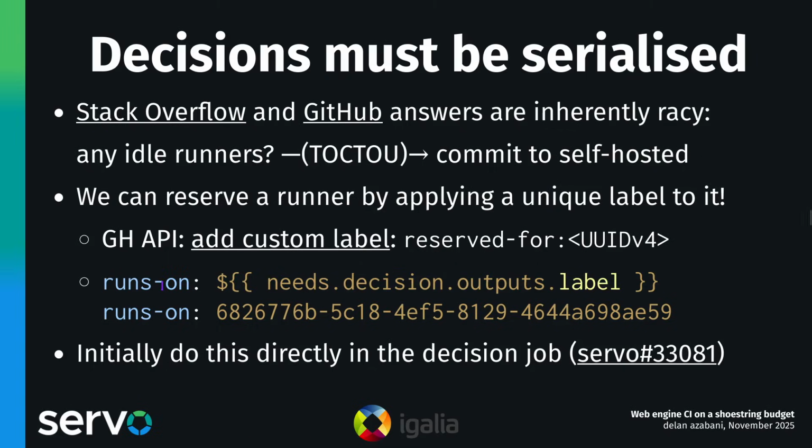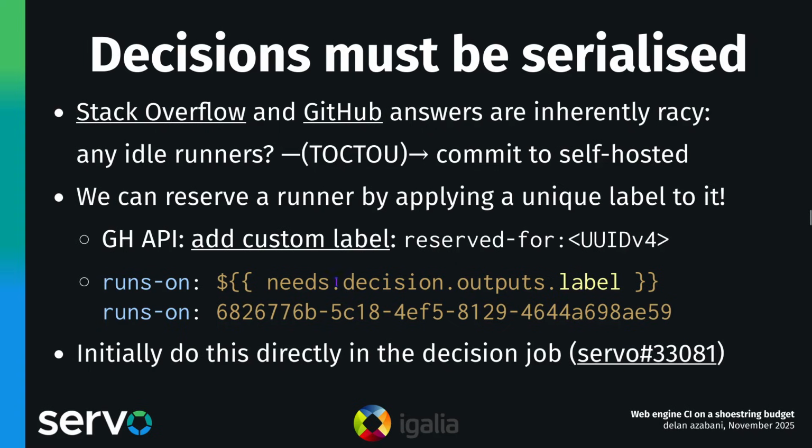Instead of a general runner label, it can tie itself to this specific uniquely identified runner label. We did it this way initially because it allowed us to do it inside the decision job at first.